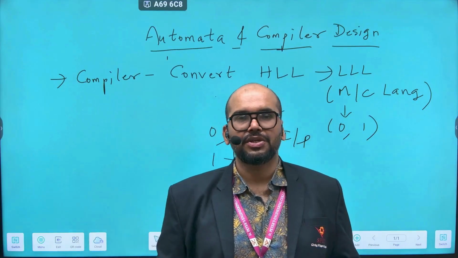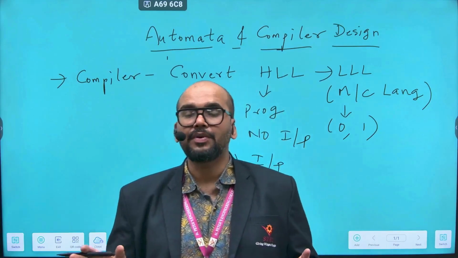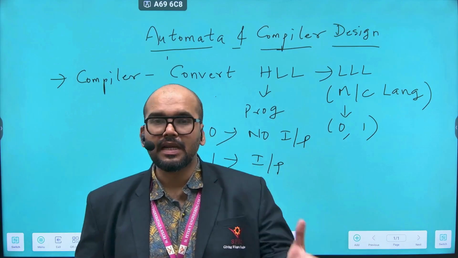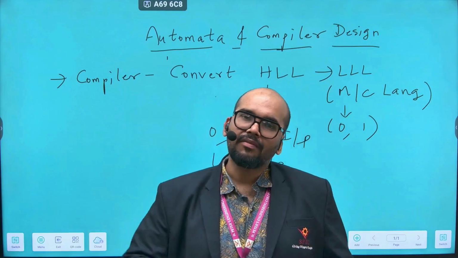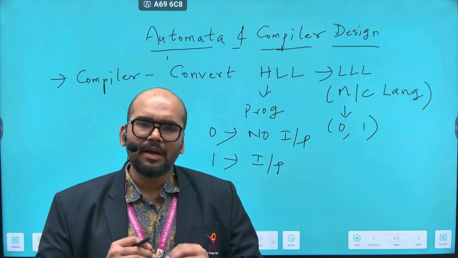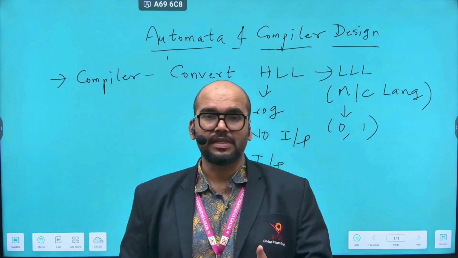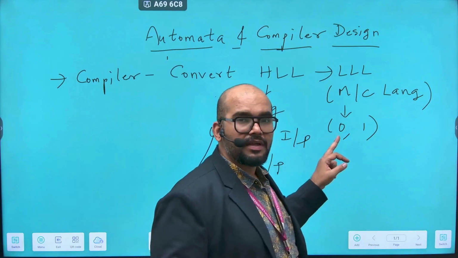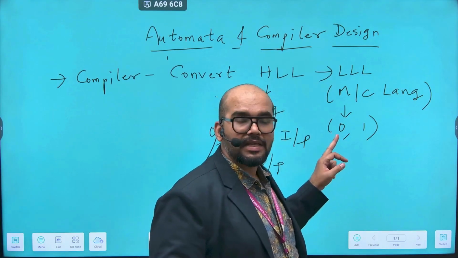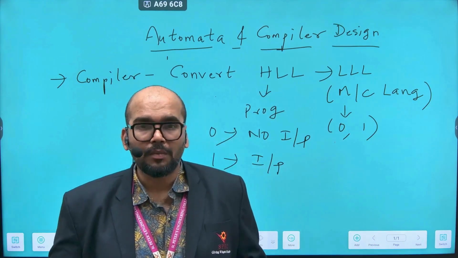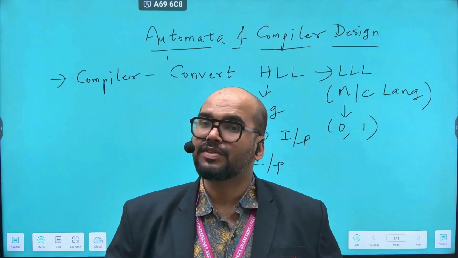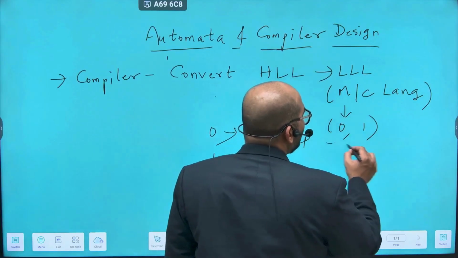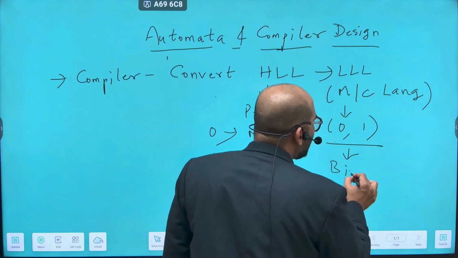You take any machine, any computer, whether the first computer, the modern computer, or the future computer, even a computer after 500 years, it can understand only two things: 0 and 1. As we have only two things here, we even call machine language a binary language.